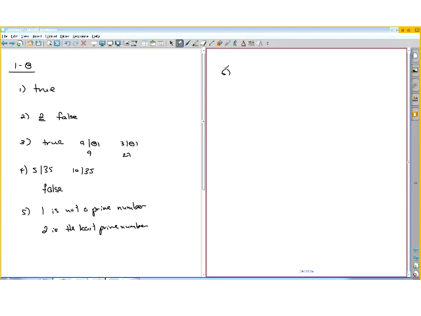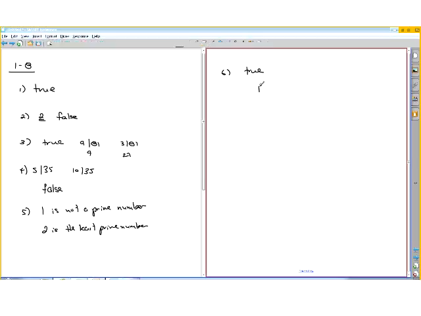Number 6, every natural number is both a factor and a multiple of itself. So the answer is true. Why is that the case? Well, what is a factor? Let's see if we have a definition for a factor. If a natural number A is divisible by a natural number B, then B is a factor. So a number is always a factor of itself.